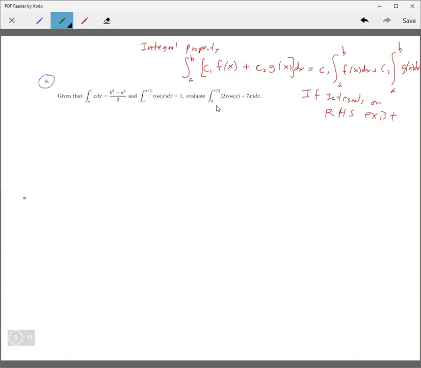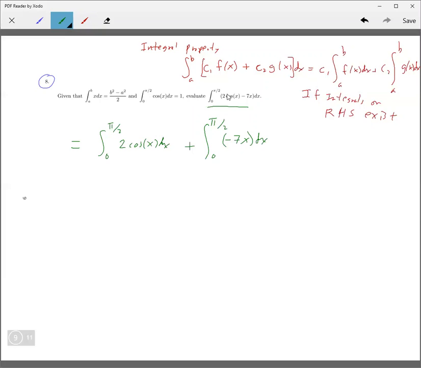Okay, so here's what we have then, and we apply that property to this. That means that we can take the 2 all the way out. Maybe what I should do is do more steps. Okay, let me do more steps. I can split it up into 2 integrals, like that.